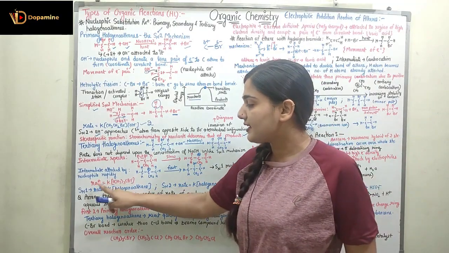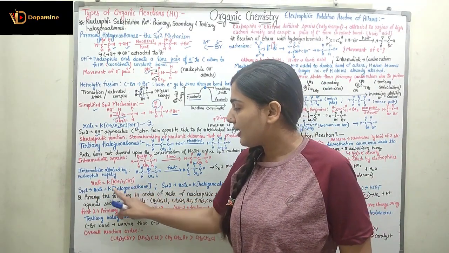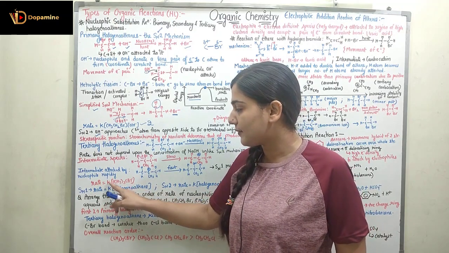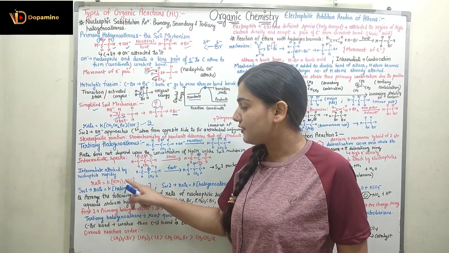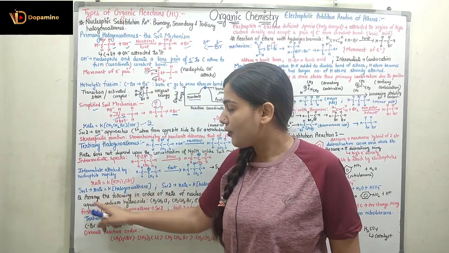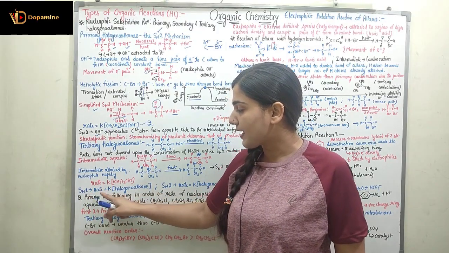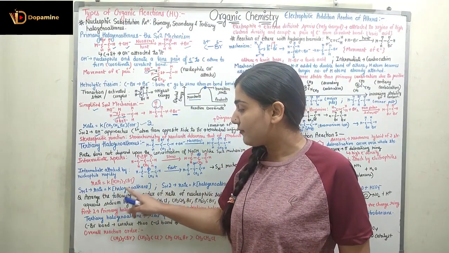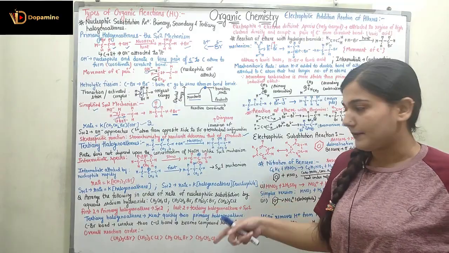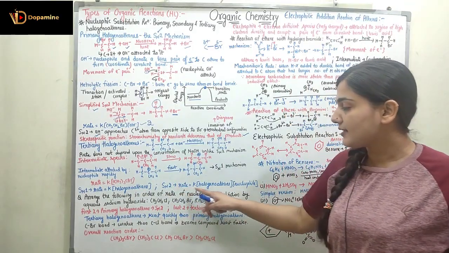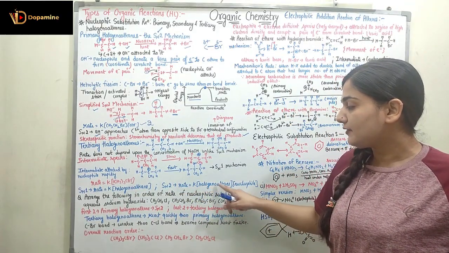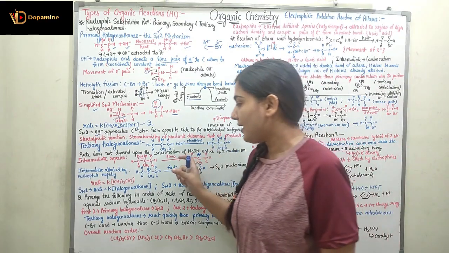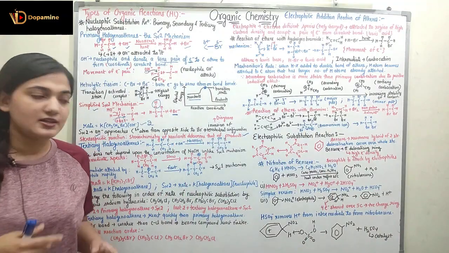Here I can state that the rate is dependent upon the initial concentration of the reactant only. So the rate is equal to k multiplied by the concentration of (CH3)3CBr. In the SN2 mechanism, the rate is k multiplied by the concentration of halogenoalkane multiplied by the concentration of nucleophile. Here, the nucleophile's concentration does not matter.